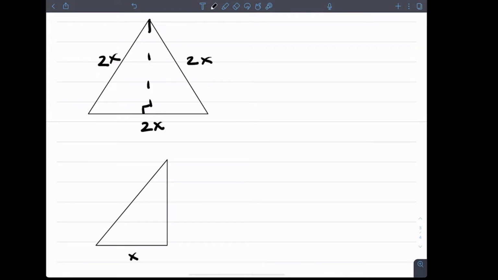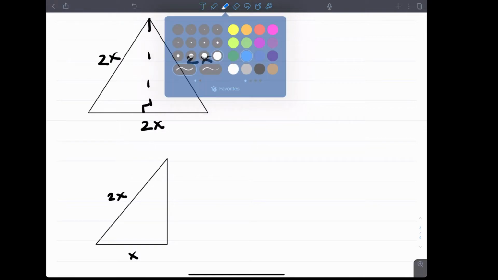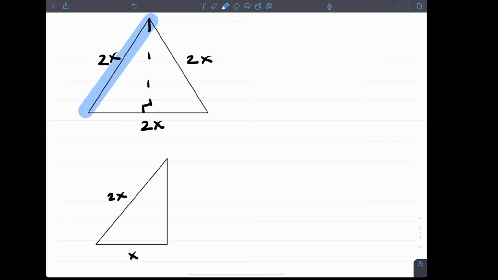This is now x. This still is 2x. Is that true? That doesn't change. See, this diagonal is 2x, right? But the length down here, when you bisect this, if that's 2x, this is now x. Okay, so I just want to let people know that.